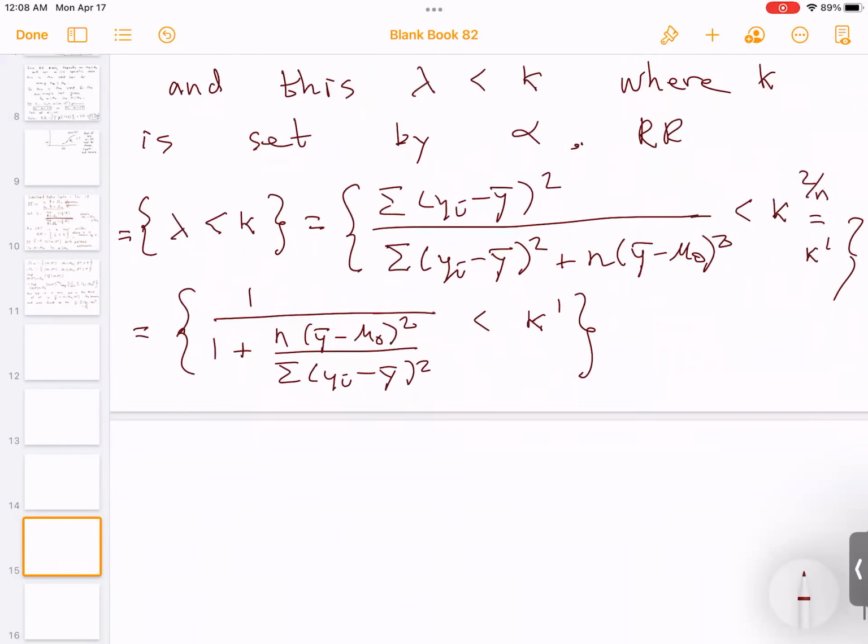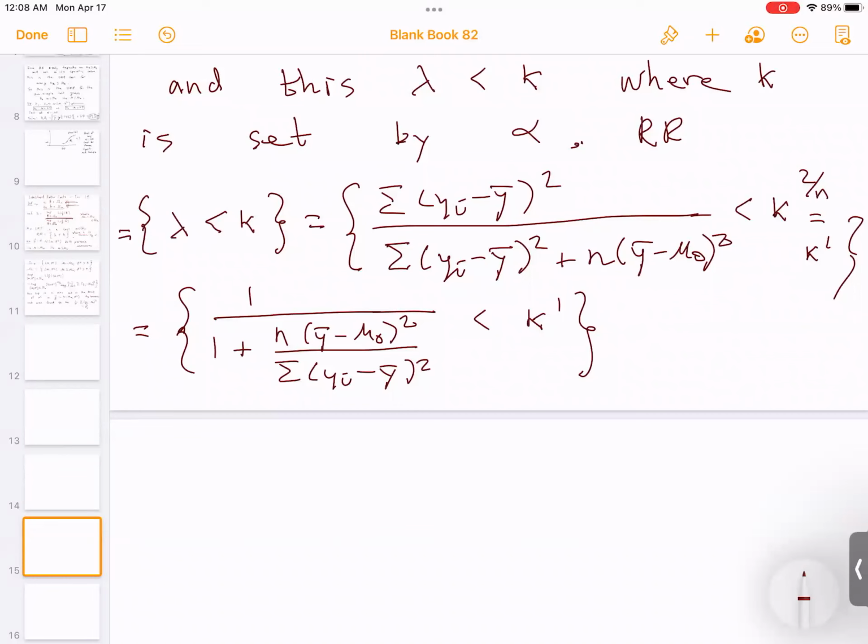And of course, I could take the reciprocals, and then I would be dividing by 1 and I could subtract 1. You take the reciprocals, though you do have to flip the inequality.